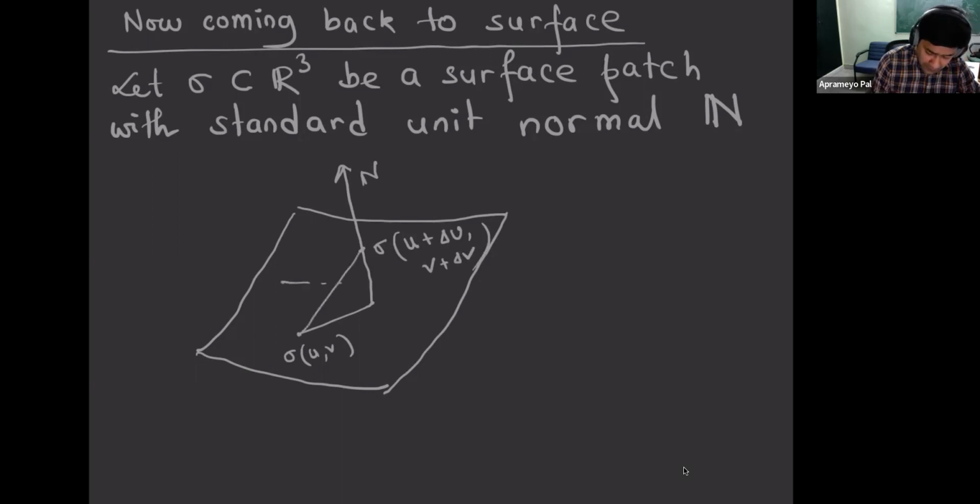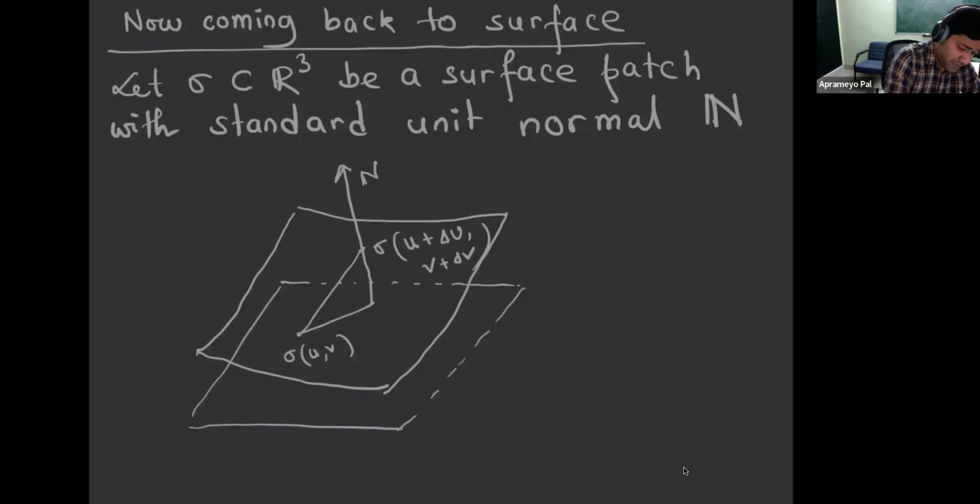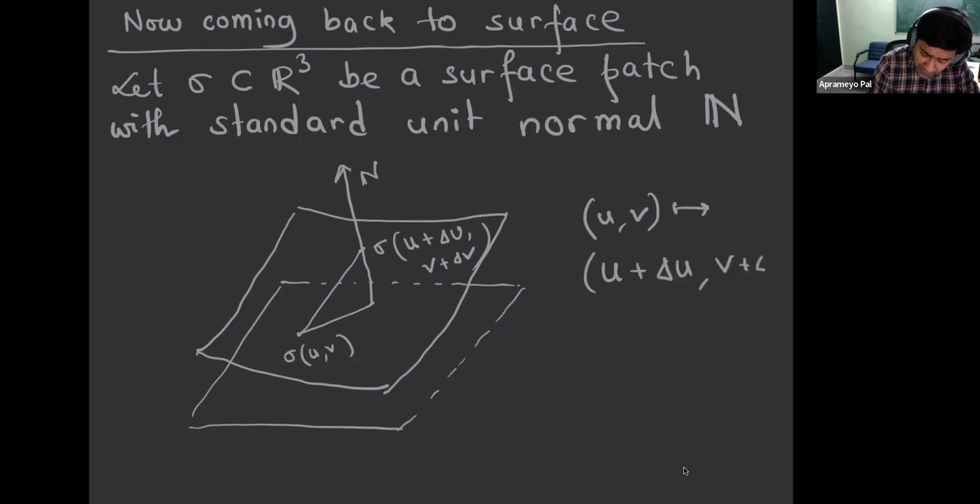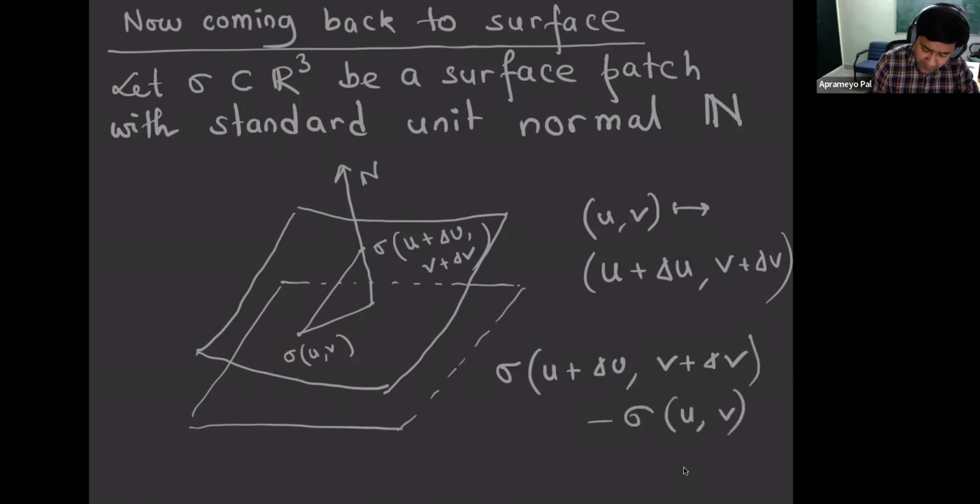And that's like the tangent plane. So essentially, what's the idea? If (u,v) moves to (u + delta u, v + delta v), we want to consider sigma(u + delta u, v + delta v) minus sigma(u,v).